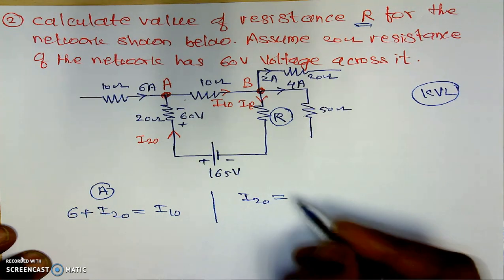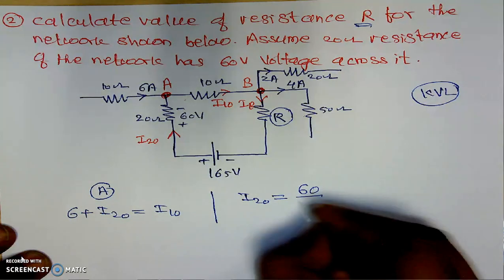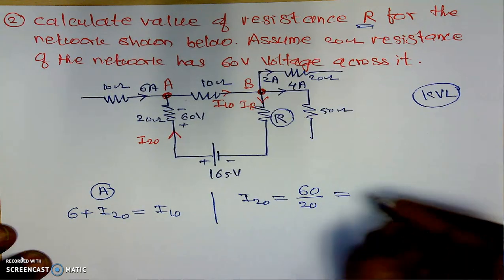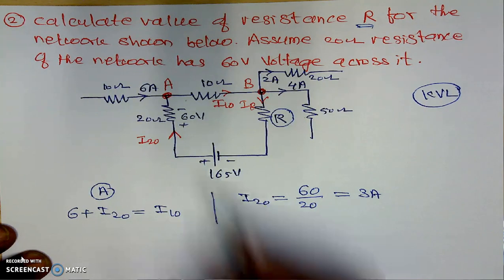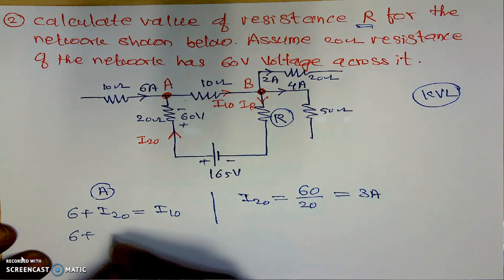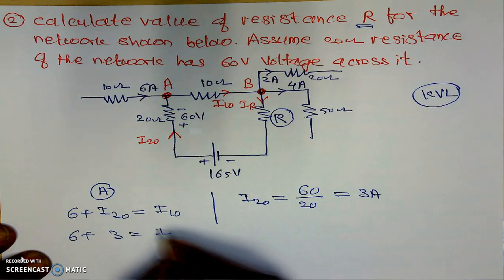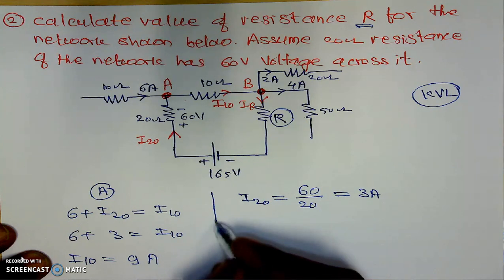This I20 is the current in this 20 ohm resistance, voltage across the resistor divided by its resistance, which is 60 divided by 20, that is 3 amperes. So the current I20 is 3 amperes. Now it is 6 plus 3, which is equal to I10. The value of the current I10 is equal to 9 amperes.